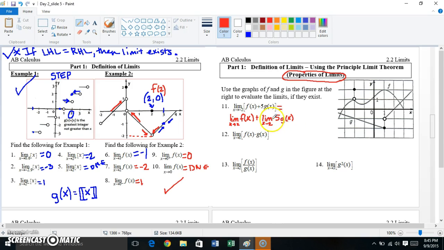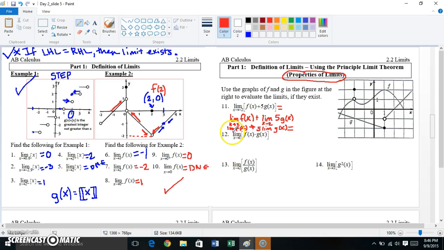All right, but then here we have the limit of a constant times a function. All right, well, that's going to turn into 5 times the limit of the function. And I'm still going to have the limit of f of x out here. Only because I've run out of room, I haven't written x approaches 2 below these, but I should have that there. So it should say the limit of f of x as x approaches 2 plus 5 times the limit of g of x as x approaches 2.